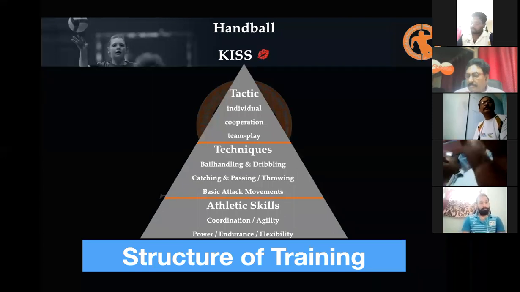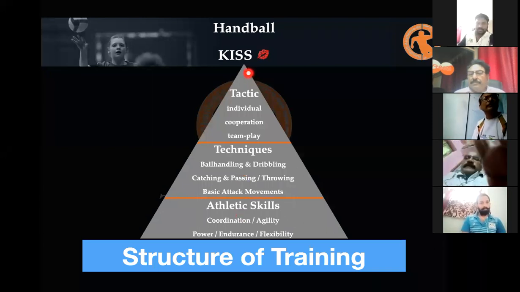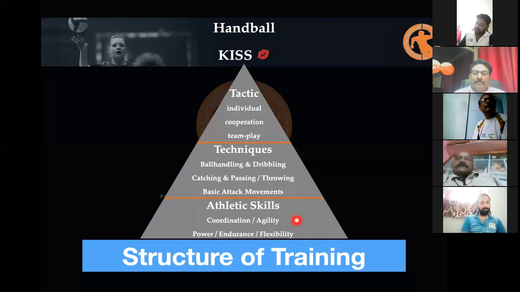And again, the picture of the pyramid says that the stronger your base is, the higher you can build up your pyramid or your building. So that's why this is the top, but this is the basis. Don't forget this in your training process.